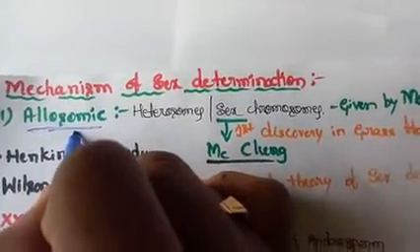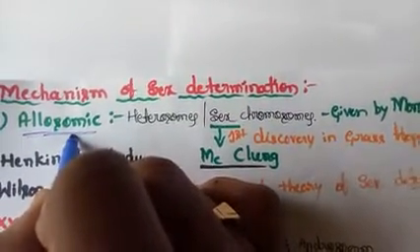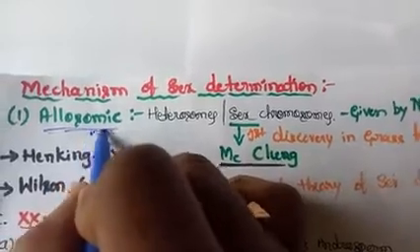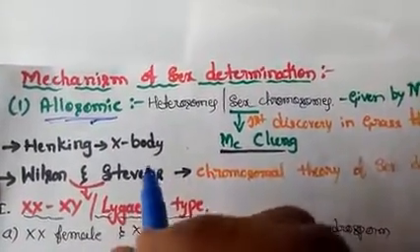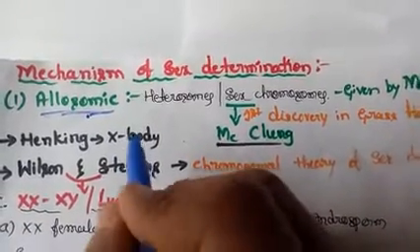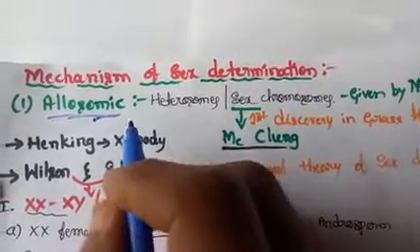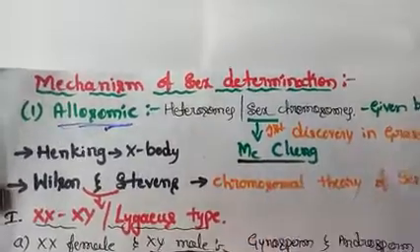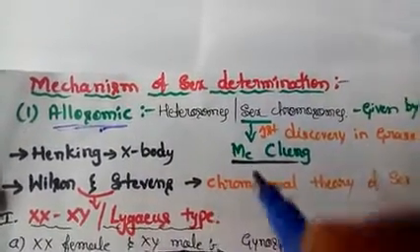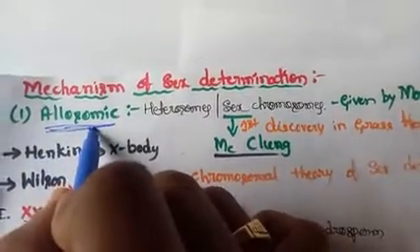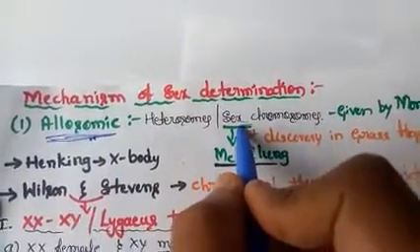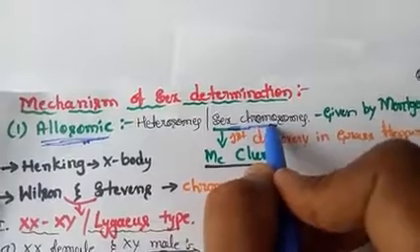Allosomic: allo indicates the sex, and soma means the body. The chromosomes which control the sex characters are called allosomes, and the chromosomes which control the body characters are called autosomes. The sex is inherited through these allosomes, the sex chromosomes, hence allosome has the synonym sex chromosome.